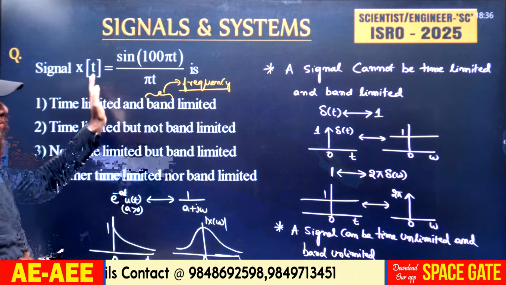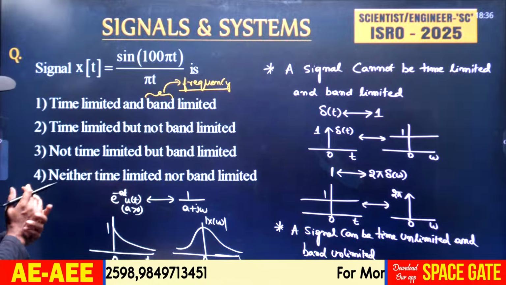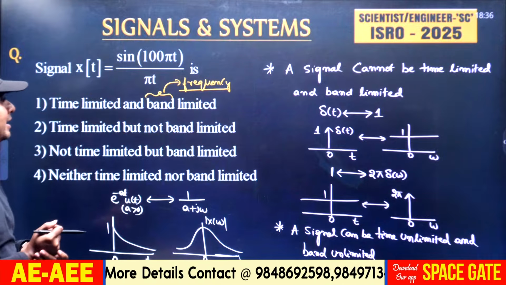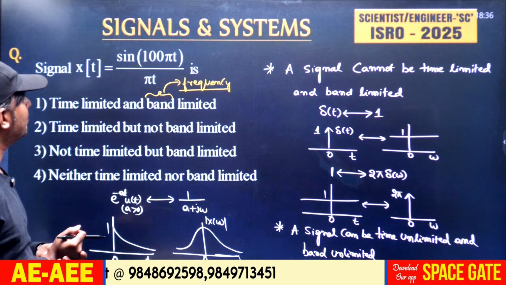Having known this, let us come to our problem. A signal x of t is equal to sine 100 pi t by pi t.